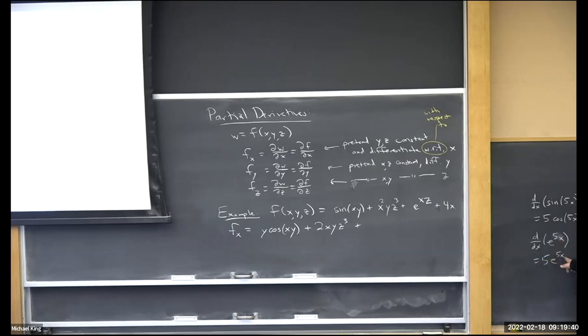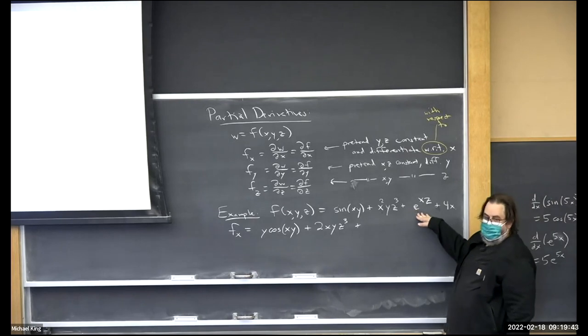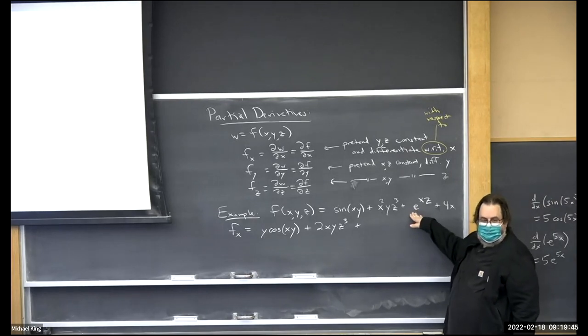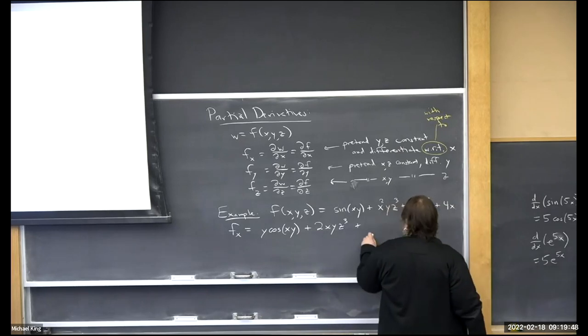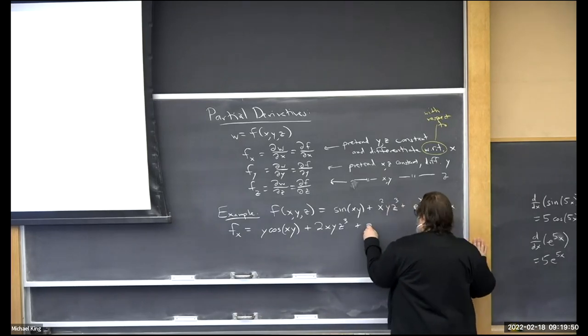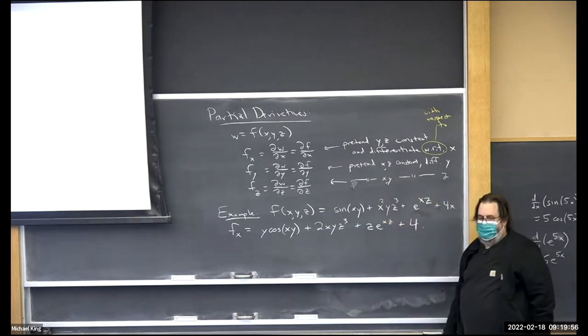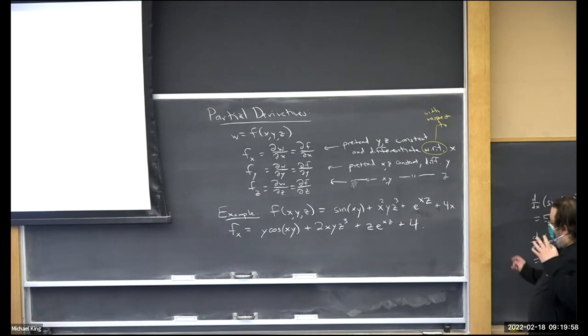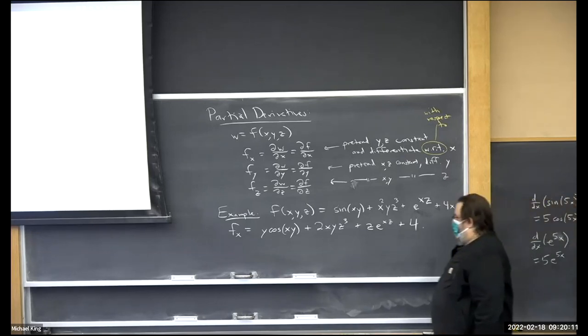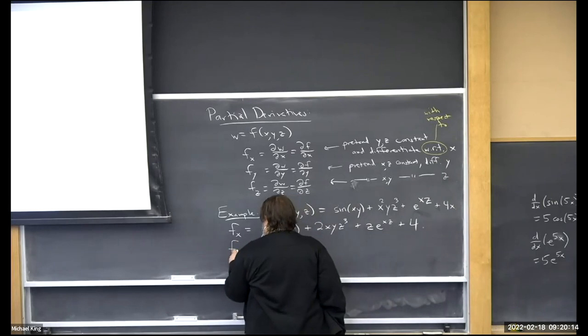If it was differentiated with respect to y, when you do the y derivative of this term, it'll go away, because there's no y in it. So plus z e to the xz plus 4, right? It's just, in your head, treat the other variables as constants, the ones you're not differentiating. And if I'm not sure, I like to plug in some numbers for those other variables and try to differentiate that way. Okay, so you guys do f sub y and f sub z for a couple minutes.